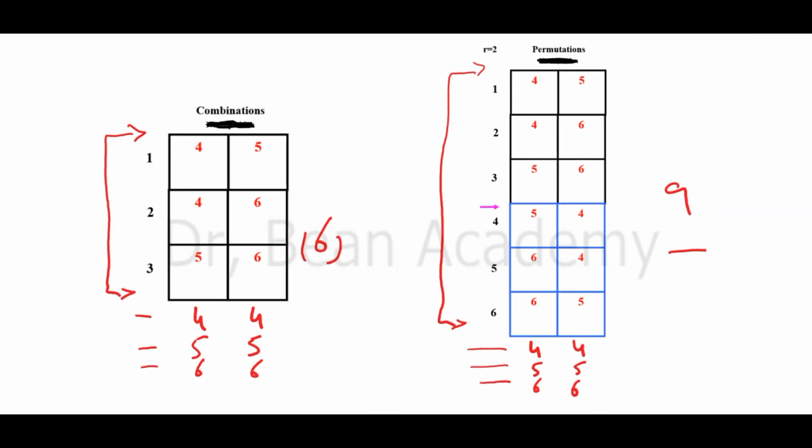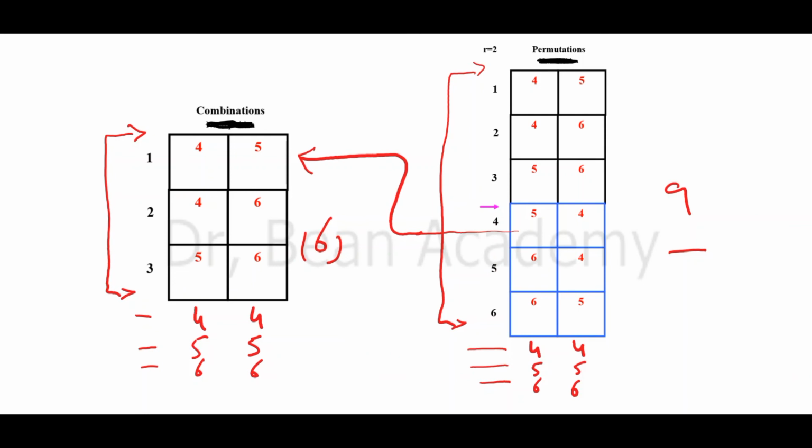And if you want me to reiterate the difference between combinations and permutations: combinations don't care about the order of the items in a combination. For example, this 5 4 permutation is not accepted as a combination because 4 5 is already there, and a combination doesn't see the order.